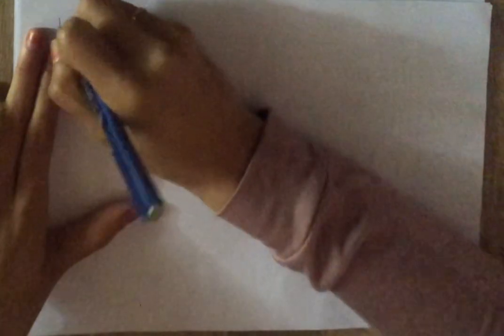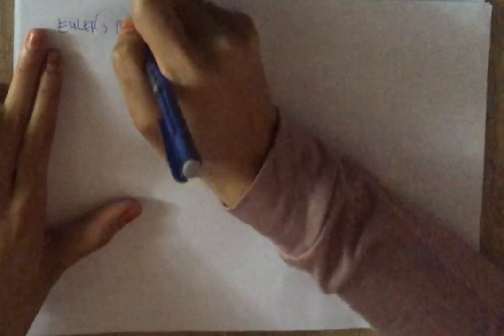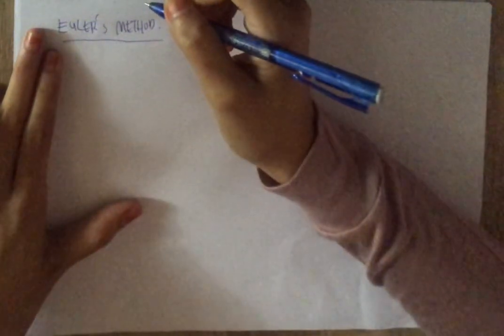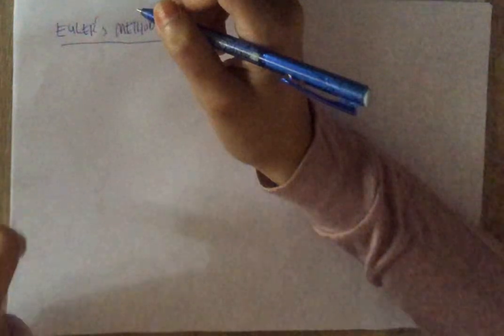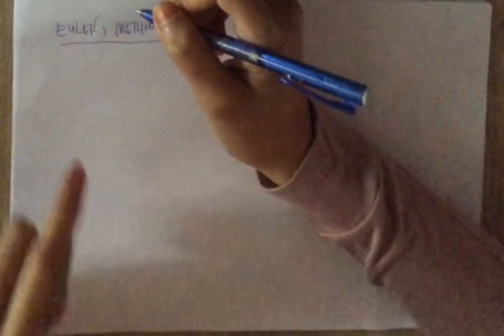Okay, so now we start first with Euler's method. As I said just now, we have two methods for this chapter: first is Euler's method, and another one is Runge-Kutta, second order.